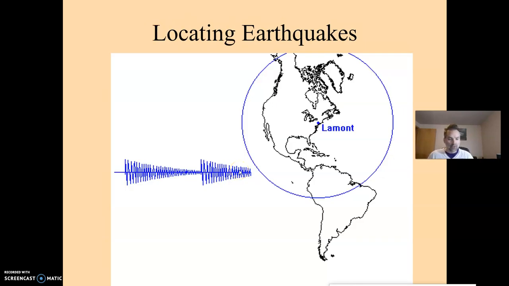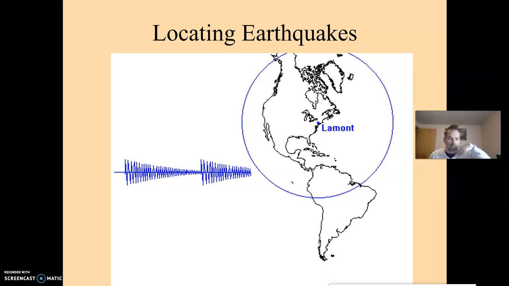So what you guys are going to do for your laboratory with Jocelyn is actually locate the epicenter of an earthquake. Remember, I talked about how you'll have distance on your x-axis, and on your y-axis you'll have your seismic waves.